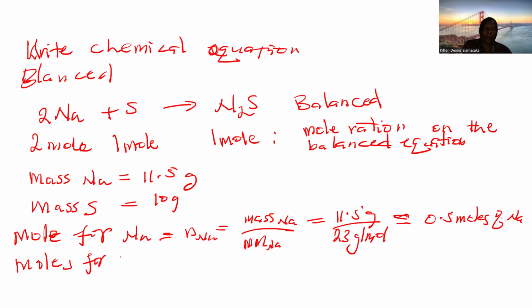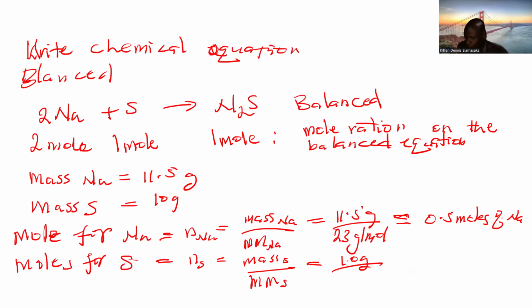We can as well calculate the moles for sulfur, which is equal to mass of sulfur divided by the molar mass of sulfur, which is equal to 10 grams divided by 32 grams per mole.